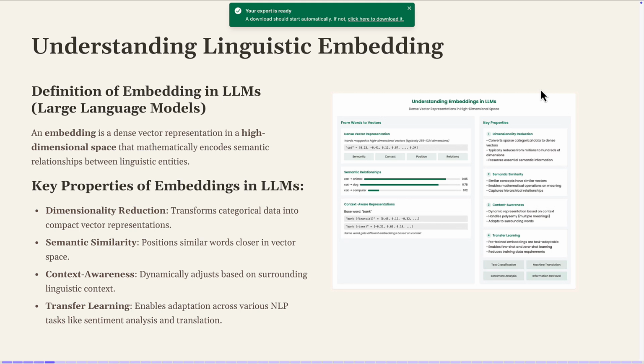Context awareness, that is even a much more demanding requirement. It's not only the relation between two words, but within a context. Okay? Dynamically adjust based on surrounding linguistic context. And also transfer learning, enable adaptation across various NLP tasks like sentiment analysis or translation.